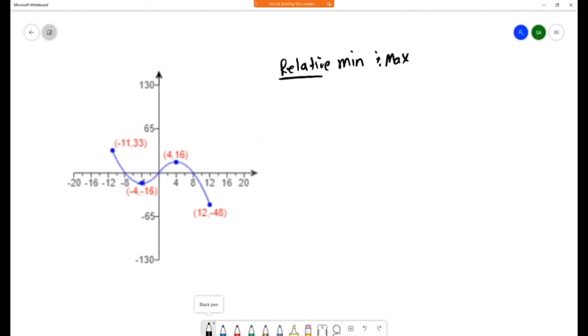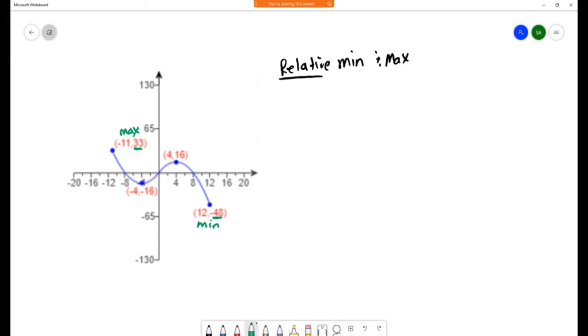If we were looking on the whole graph, we would say that this y value is the largest, which is a max, and this y value is the lowest, which is a min. But we need to find a relative min or a relative max, and these need to have a neighborhood nearby where it's the maximum or the minimum.